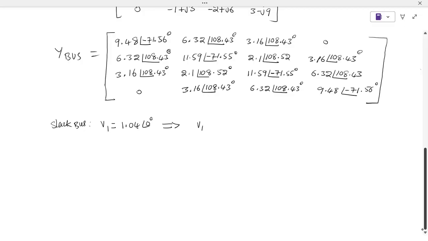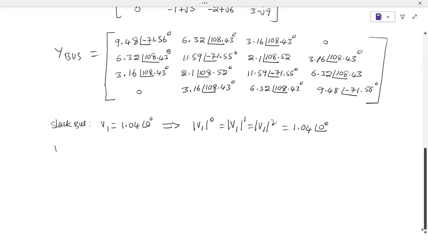Whether it is the 0th iteration, first iteration or second iteration, in all the iterations this will be the given value, 1.04 at an angle of 0 degrees.